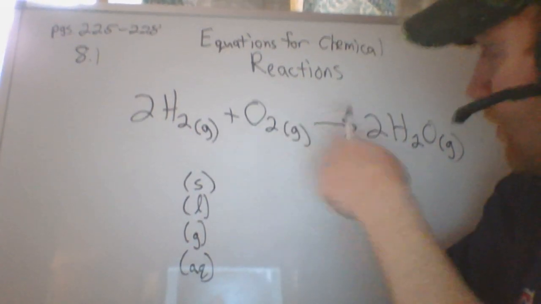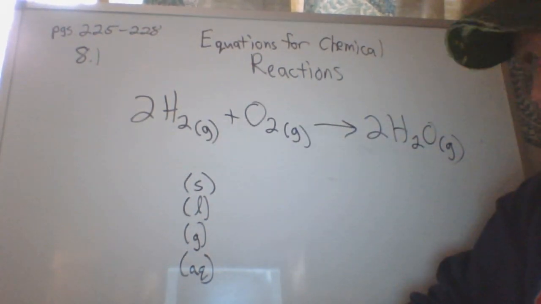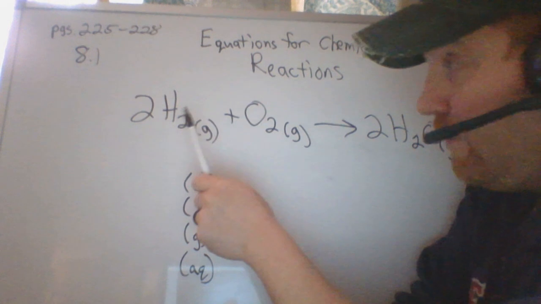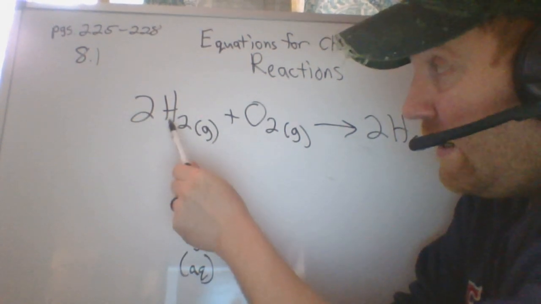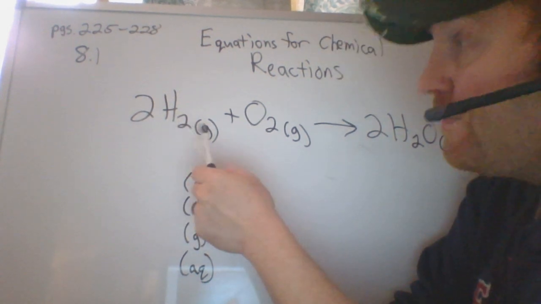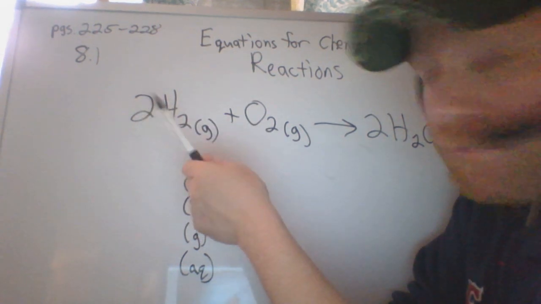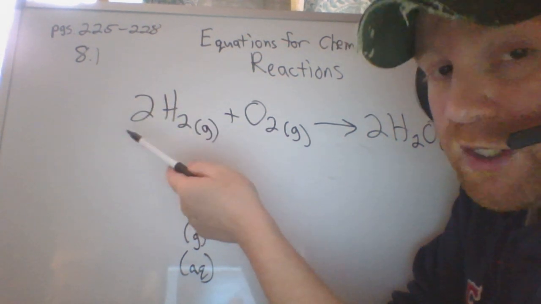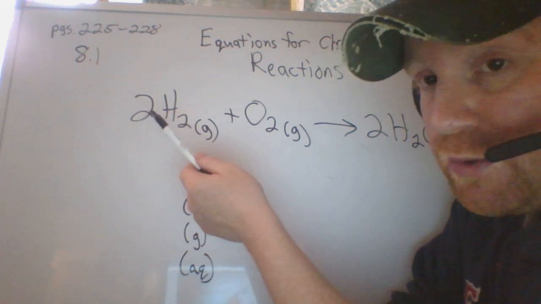2H2 plus O2 yields 2H2O. Let's take a look and see what we have for each element. For hydrogen, notice that right now we have H2. That's how hydrogen gas is written. But there's a big 2 in front of it. There's a coefficient, which means we have 2 molecules of hydrogen gas. We have 2 H2s.